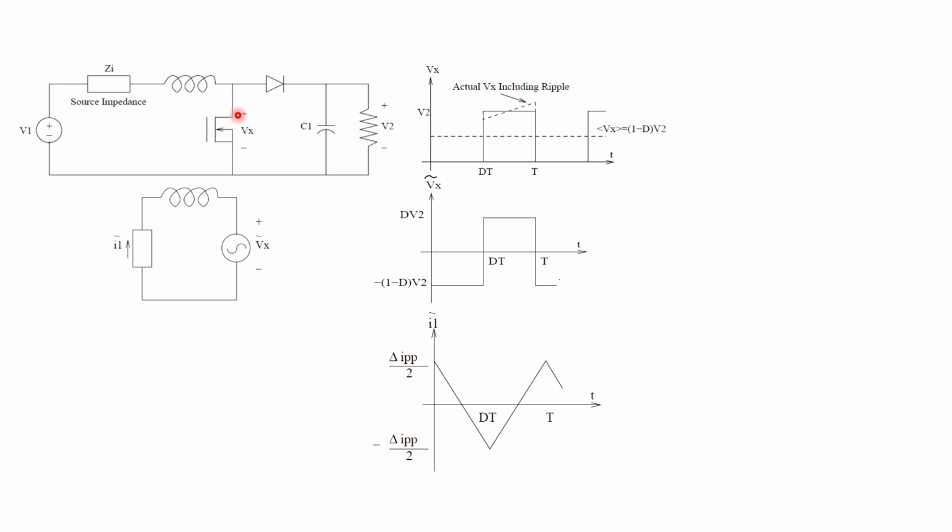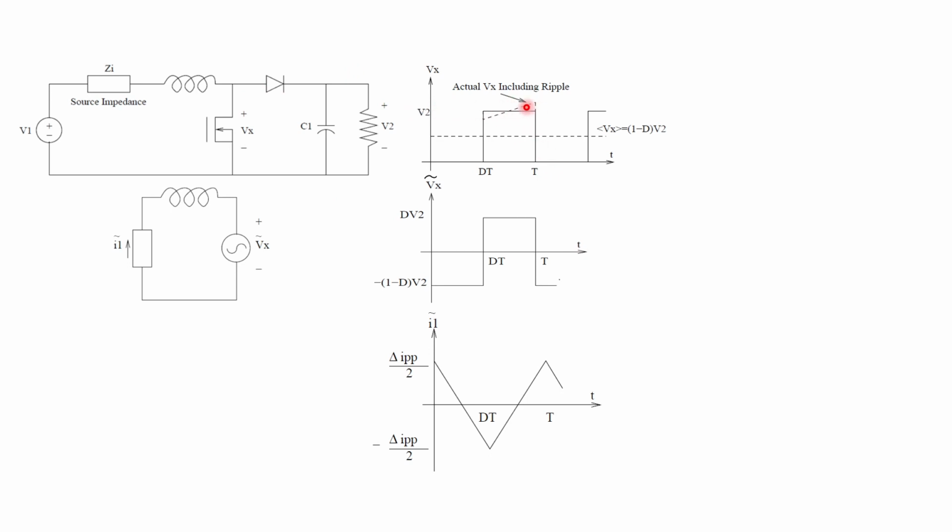Then the voltage on the switch VH depends on the state of the switch, whether it's on or off. So we plot VH here. When you switch it on, it's short here, then VH is 0. When you switch it off, it's open, then the voltage is just in parallel here, equal to the output voltage V2.